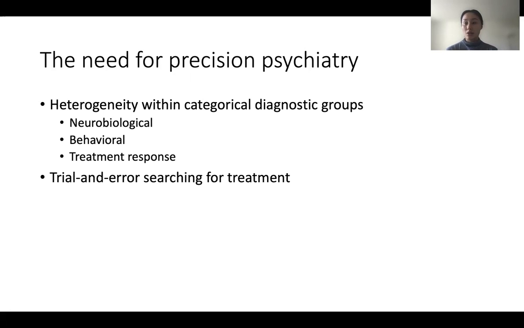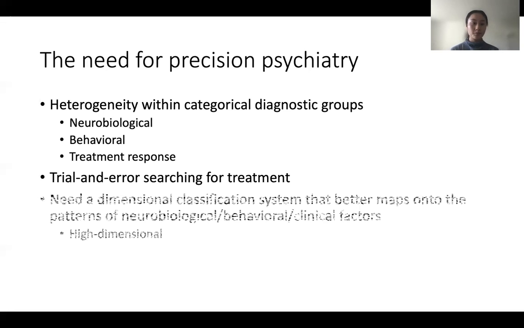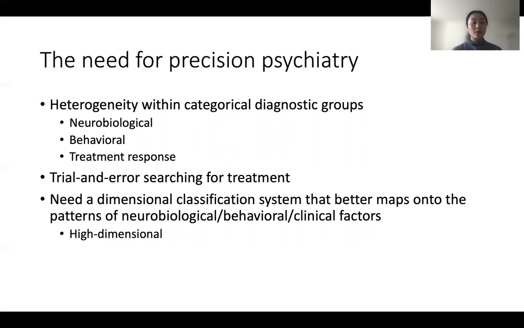In a clinical setting, what we often see is that the patient and the clinician have to go through a long trial and error search for treatment before they finally find one. And sometimes this optimal treatment may never exist. This is why many researchers are advocating for a dimensional classification system that may better map onto the patterns of neurobiological, behavioral, and clinical factors.